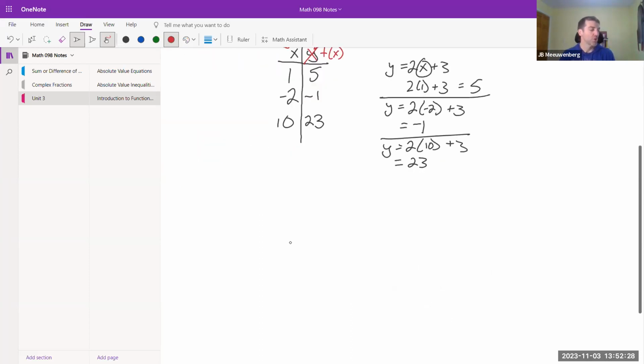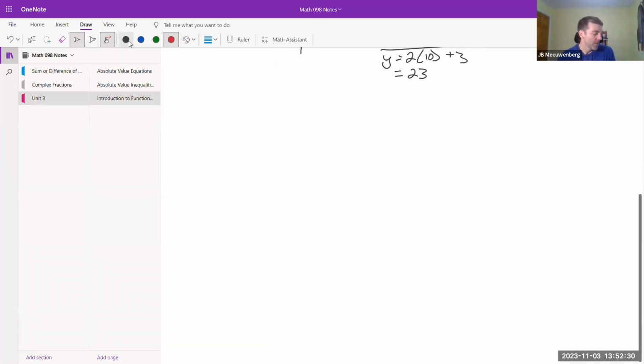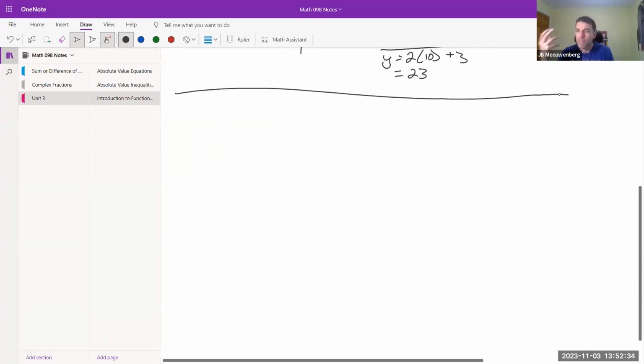So here's what it might look like in another, maybe more simplified form. It might say, find f of 2 if f of x is equal to x squared minus 7.